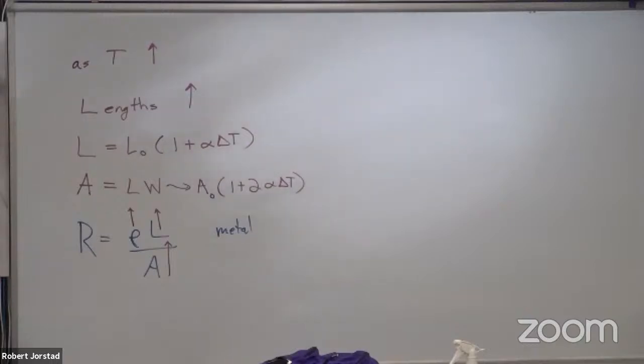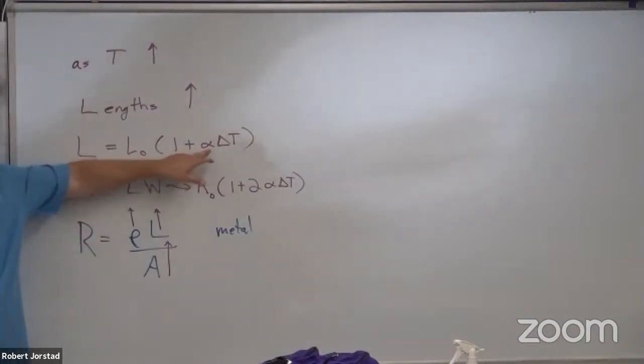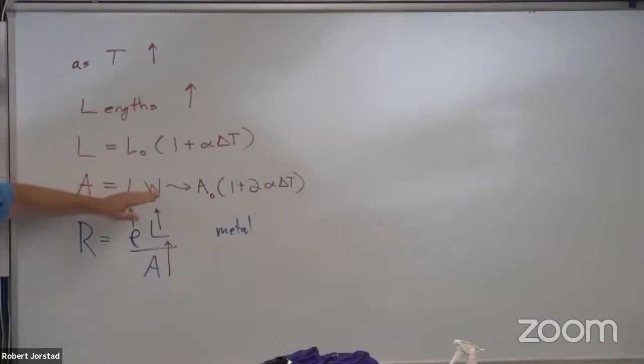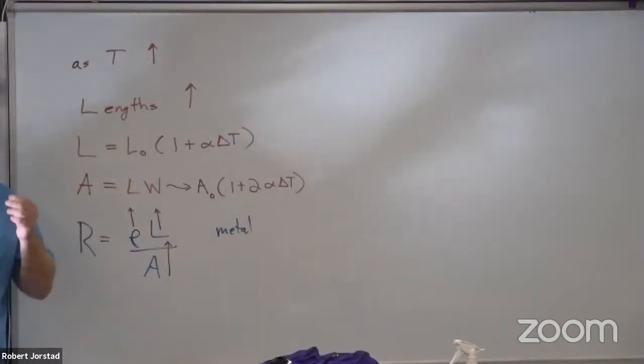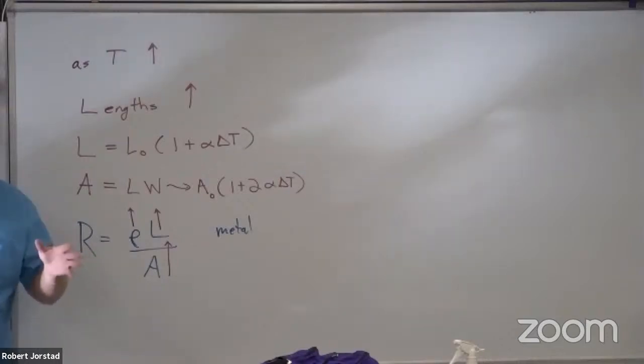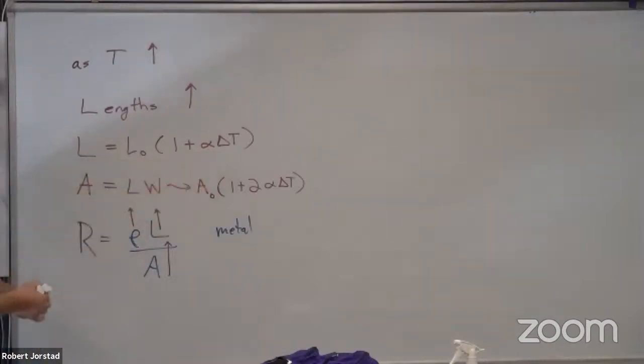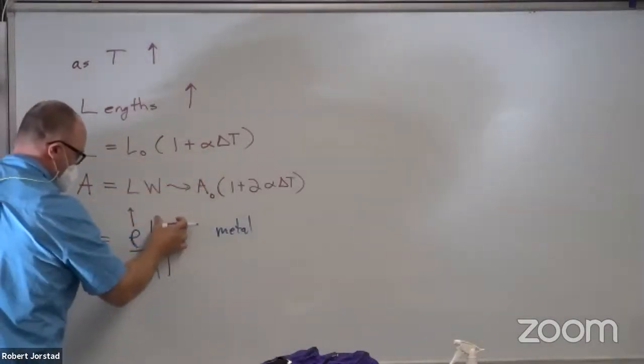The issue is if you start actually looking at the numbers for these values of alpha, the numbers for thermal expansion of lengths and widths are much smaller than the resistivity expansion. Resistivity changes by a lot. These numbers are much smaller. So it turns out it's actually much more like this.